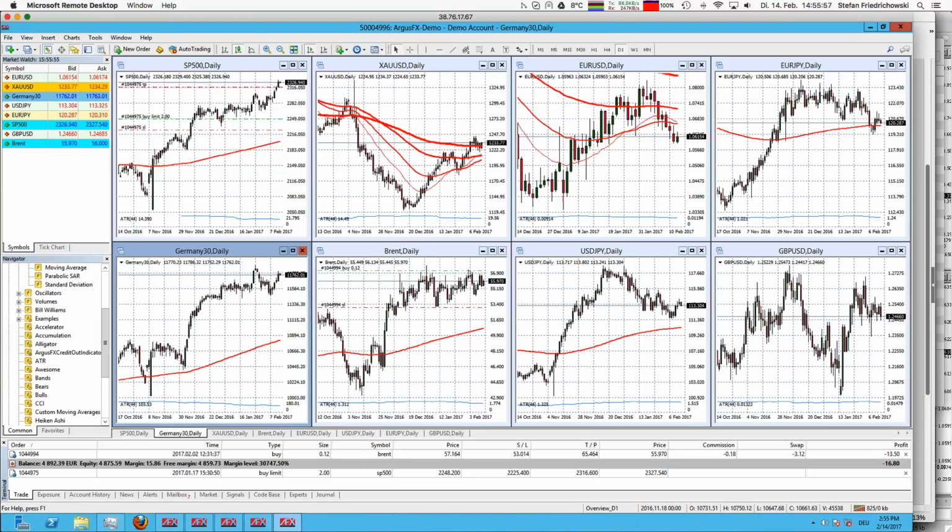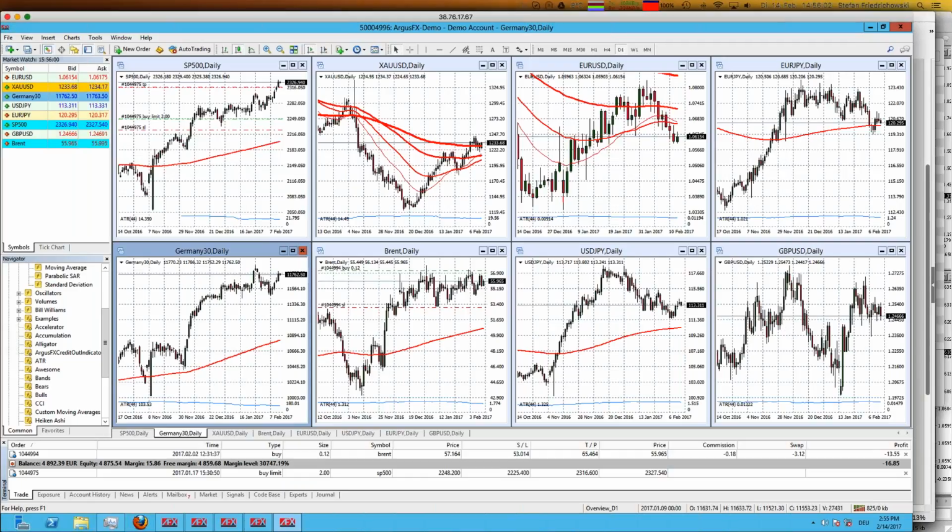We will do that as well, so overall we have one trade setup now.